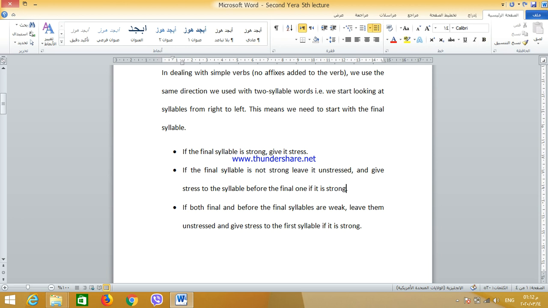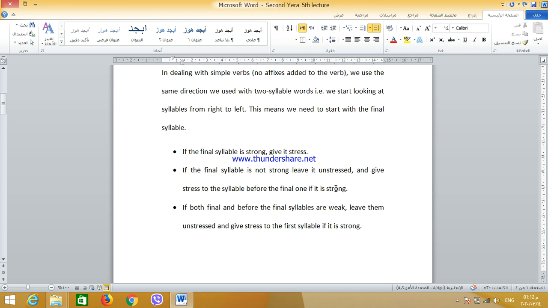So again, we start looking at the final syllable. If it is strong, I mean the rhyme has a strong structure in terms of the vowel and what comes after the vowel, the consonant or the coda, give it stress. If it is not, leave it and go back to the syllable before the final one and give it stress on condition that it is strong.